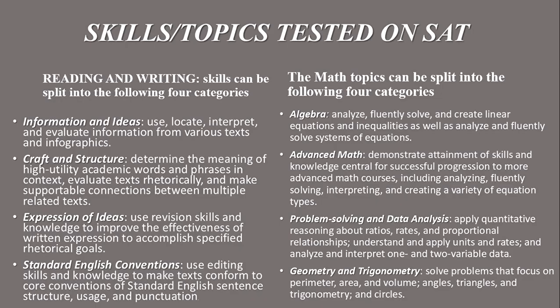You get questions on craft and structure, expression of ideas, and standard English conventions. In the math, you're going to get 4 categories as well. There is algebra, advanced math, problem solving and data analysis, geometry and trigonometry. These are the categories or the various areas where you'll be tested.